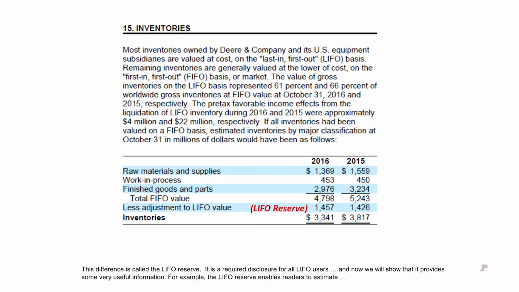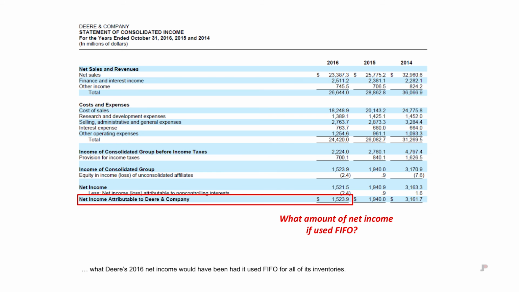This difference is called the LIFO reserve. It is a required disclosure for all LIFO users. And now we will show that it provides some very useful information. For example, the LIFO reserve enables readers to estimate what Deere's 2016 net income would have been had it used FIFO for all of its inventories.